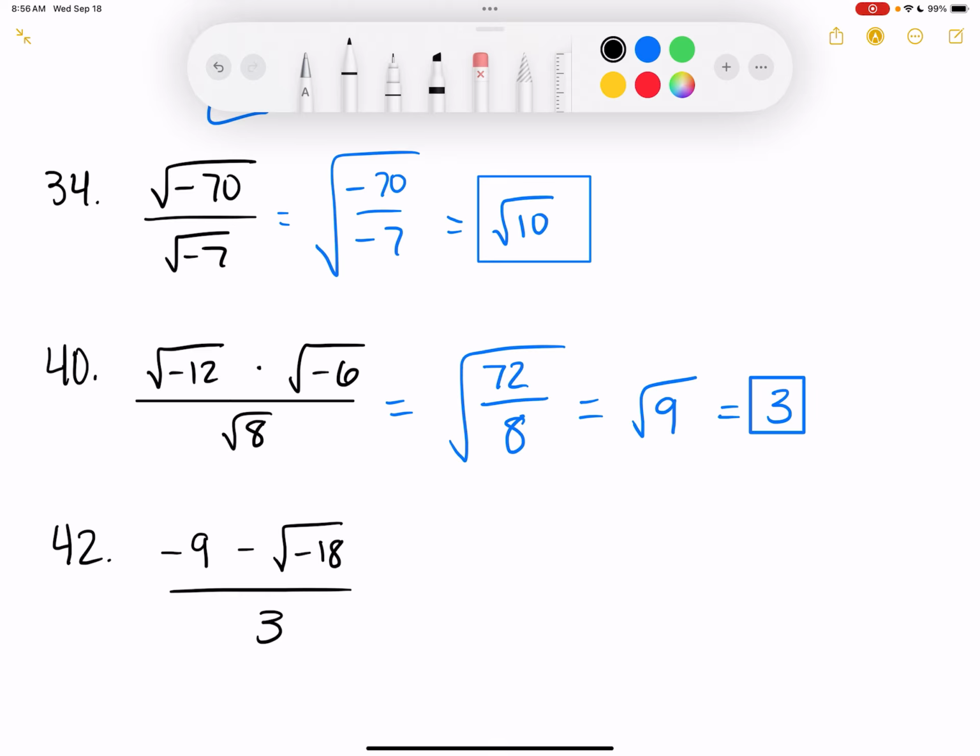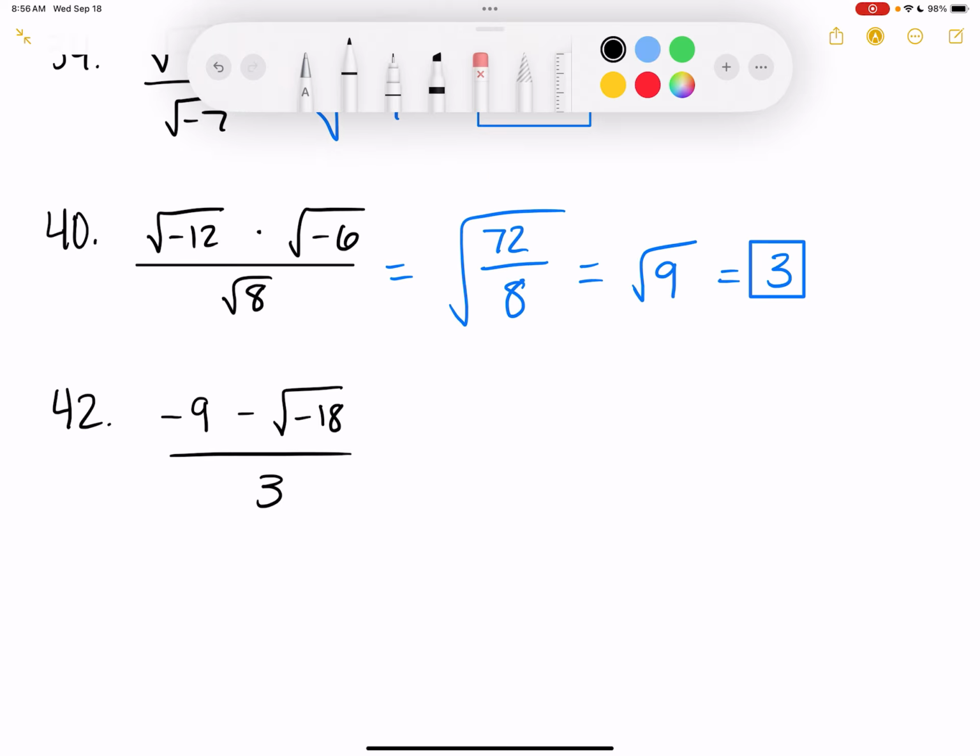What happens with this negative under here? It turns into i. So this is going to become negative 9 minus i times the square root of 18 over 3.